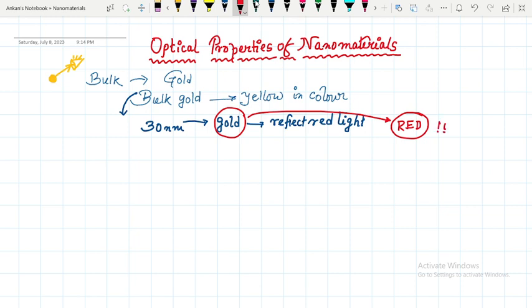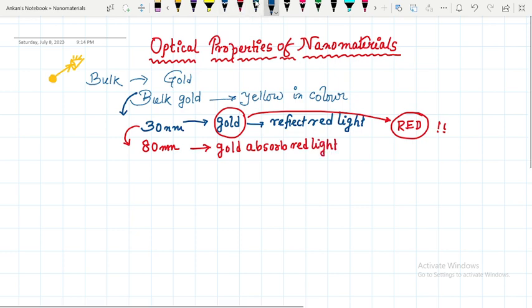Amazing. Let us see further. When we aggregate the nanomaterials to some bigger size, say 80 nanometers, bigger compared to 30 nanometers, then the gold will absorb red light but reflect blue light.